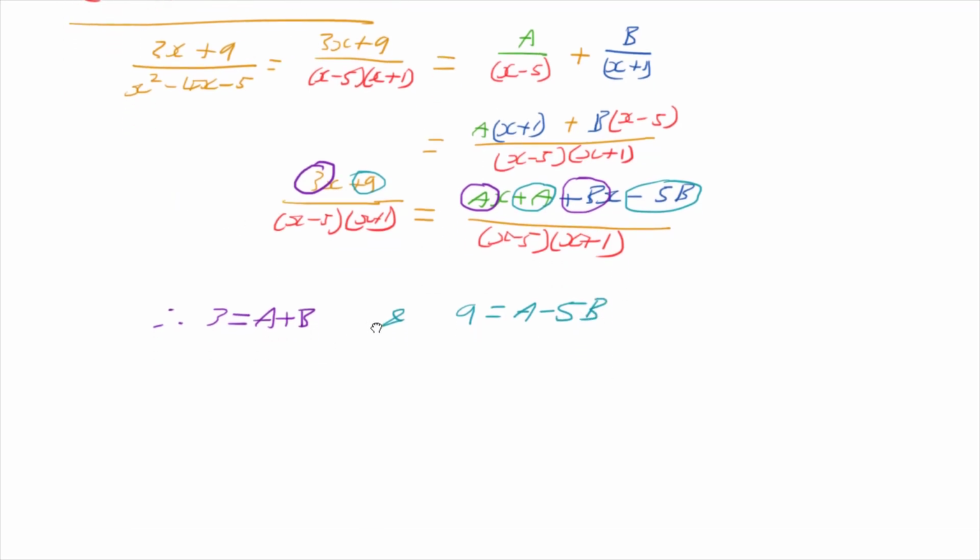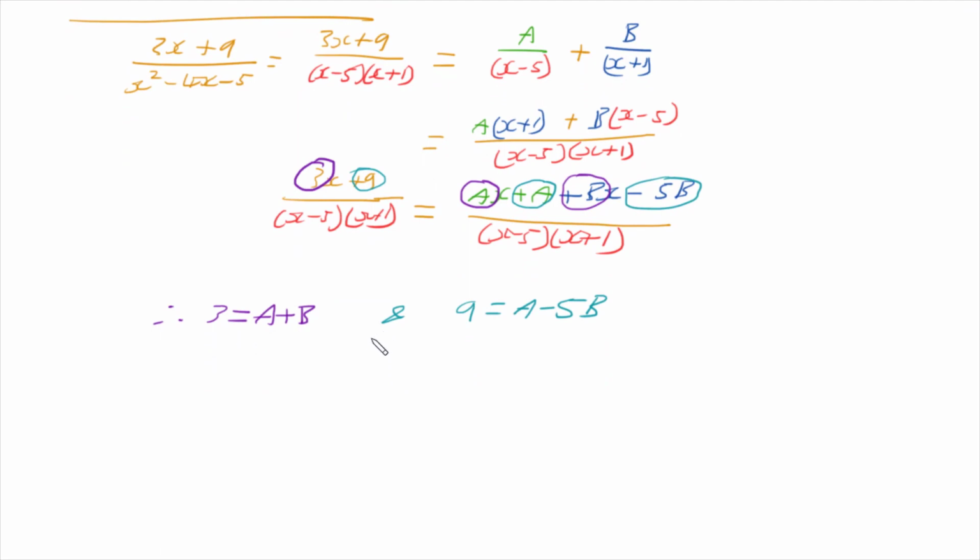So now I have two simultaneous equations. I have 3 equals A plus B and 9 equals A take 5B. So let's number these two equations. Equation 1, equation 2, and I've both got them matching with a single A, so I can do a bit of elimination to cancel out the A. So let's do equation 1, take away equation 2.